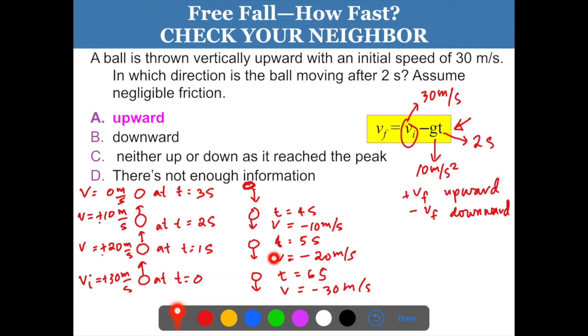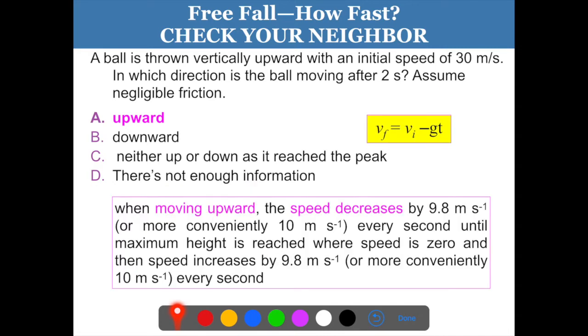And if the object is going down, then the speed increases by 10 meters per second every second. So this essentially summarizes the text in this box here, the idea of how the speed changes every second if the object is under free fall.